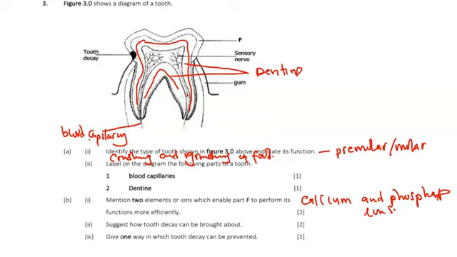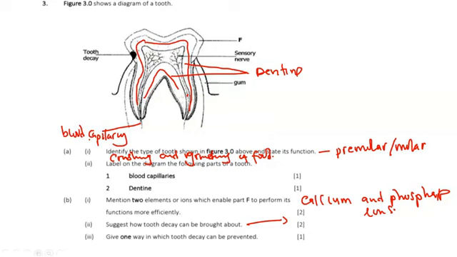Then suggest how tooth decay can be brought about. This question again has come. Tooth decay can be brought about when the food that sticks on the tooth for a long time forms a plaque, which the bacteria act on and respire anaerobically, producing an acid that dissolves the enamel of the tooth, forming a cavity in the tooth.